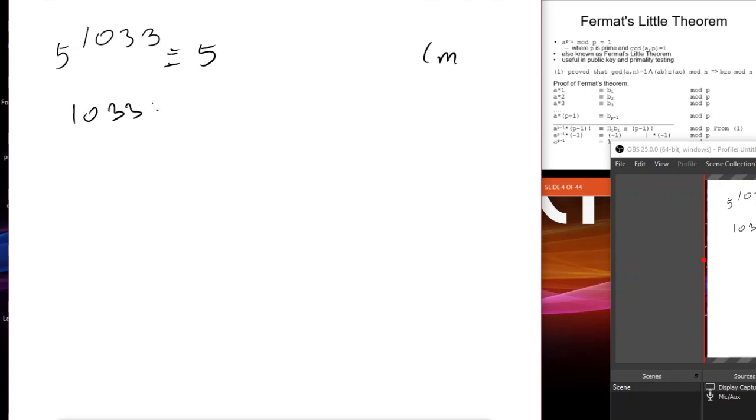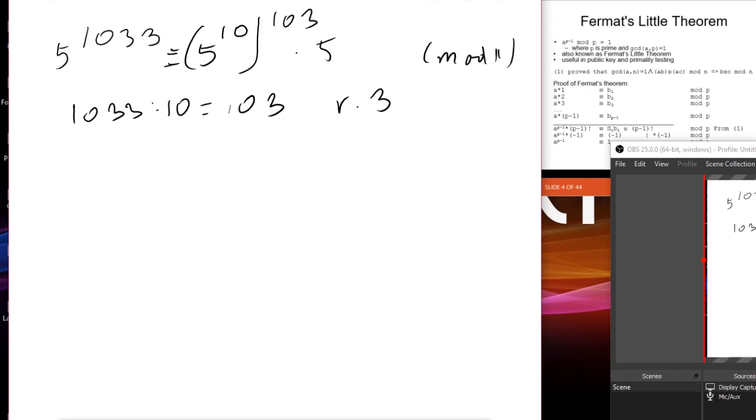We are still in mod 11 in this example, so divided by 10 will be equal with 103, remainder 3. So we are going to write it as 5 to the power 10 times 103 times 5 to the power 3. As a reminder, the remainder goes here, and the quotient goes there. So this is going to be congruent with 5 to the power 3, because 5 to the power 10 will be congruent to 1.